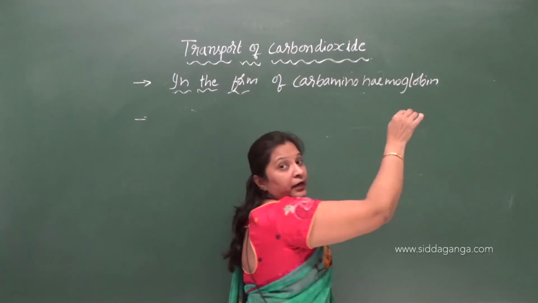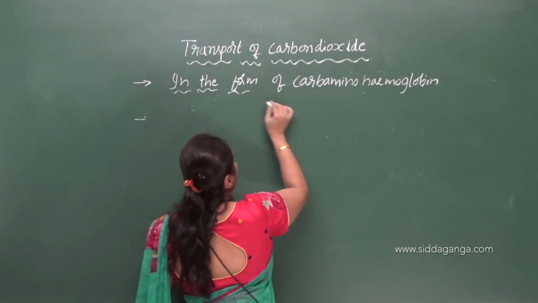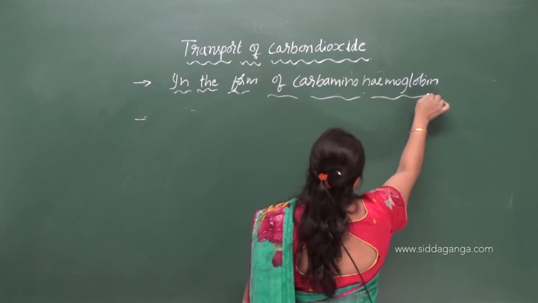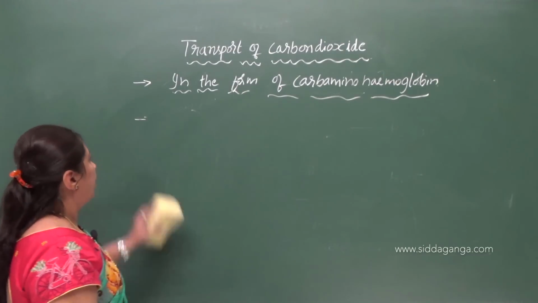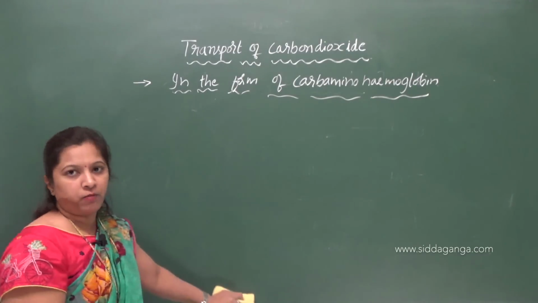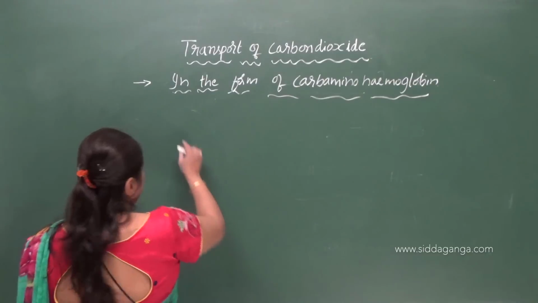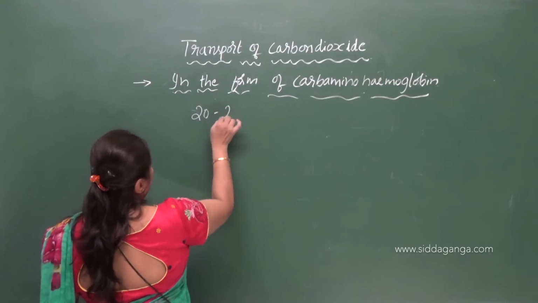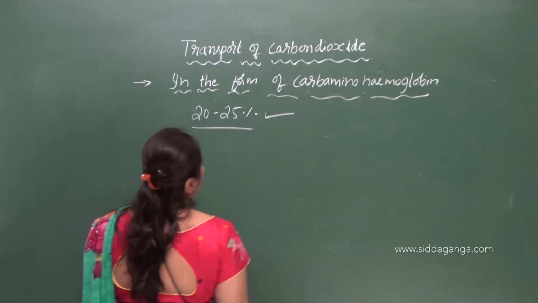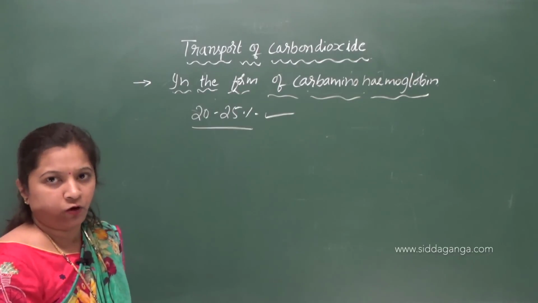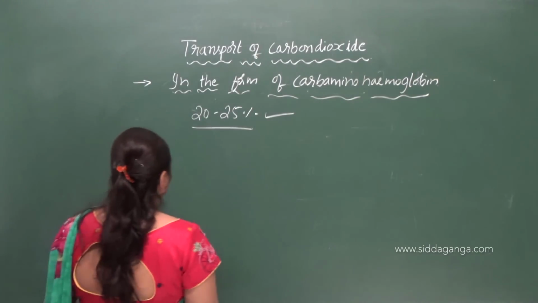How much carbon dioxide is transported in the form of carbaminohemoglobin? Nearly 20 to 25% of carbon dioxide is transported in the form of carbaminohemoglobin.